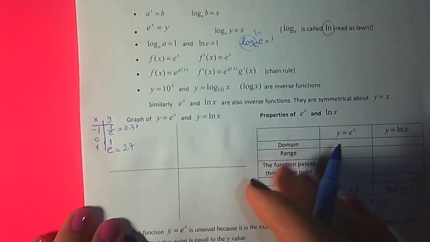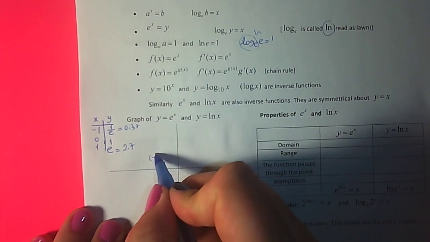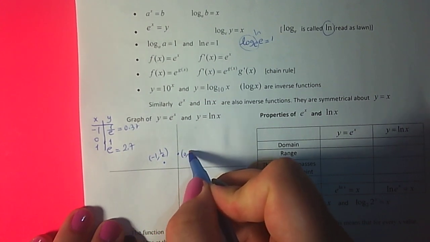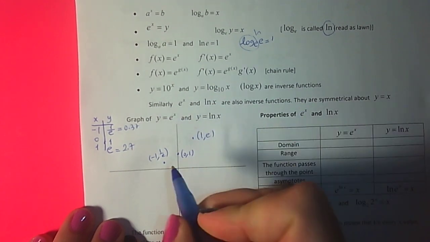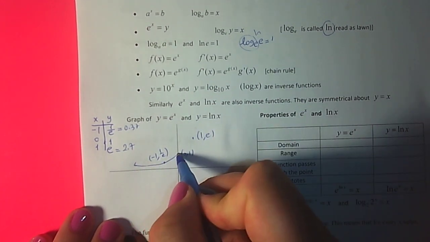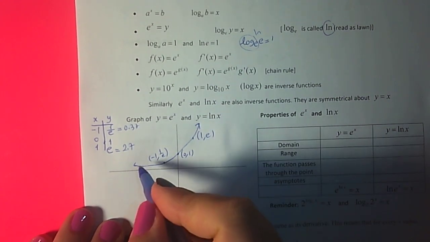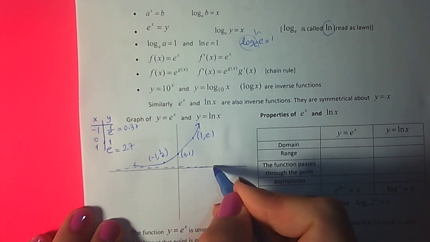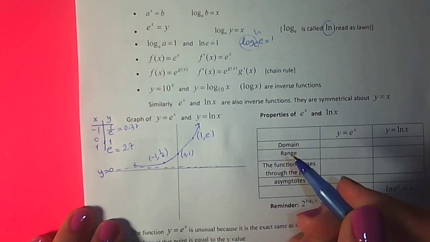If we sketch those values, -1 and 1 over e, 0 and 1, and 1 and e, we get this function. Let's remember, if there are no transformations, we have a horizontal asymptote at y equals 0.